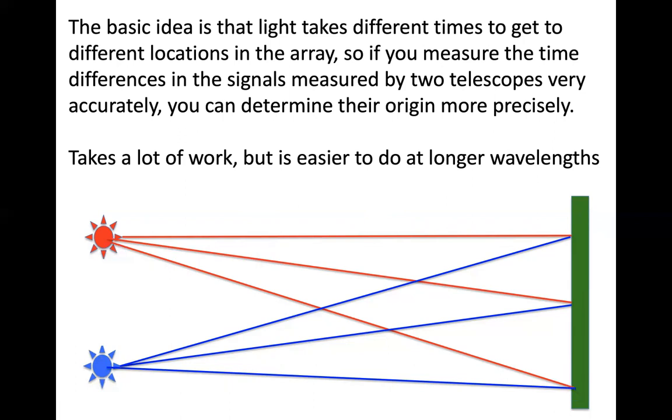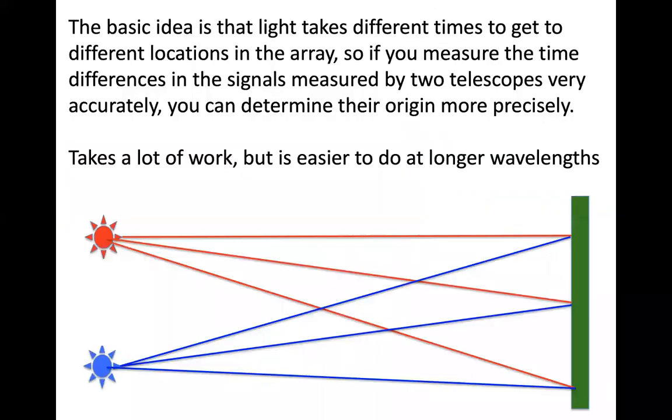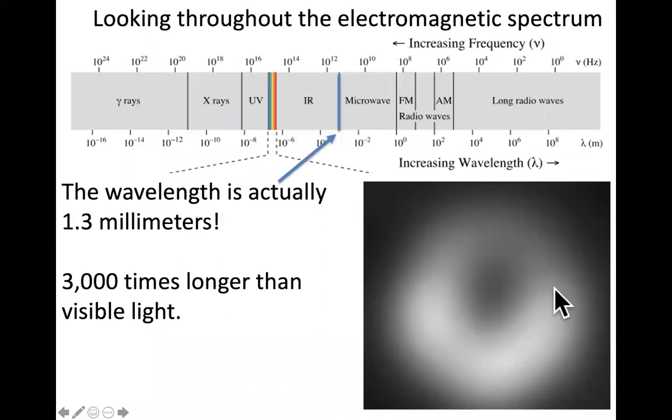This takes a lot of computing power and is easier to do if the wavelength of the oscillations is longer or the frequency is shorter. This kind of deep analysis is what allowed this image to be made. So all nice. So even with long wavelengths, if you can combine data from multiple telescopes, you can still get a fair amount of detail.